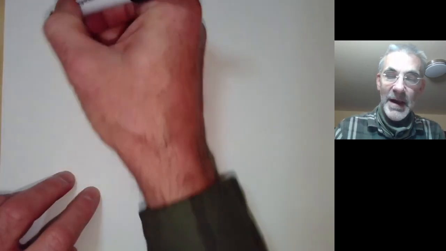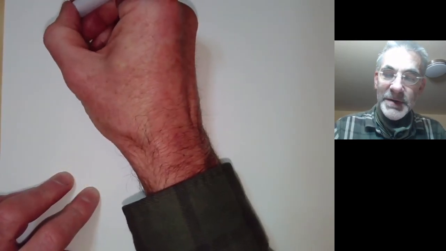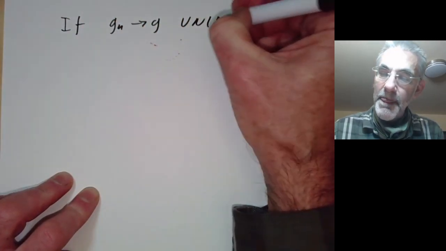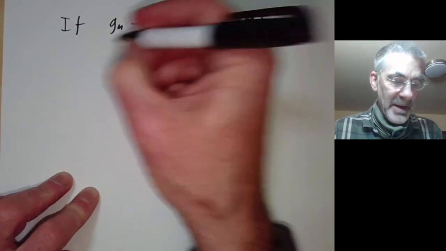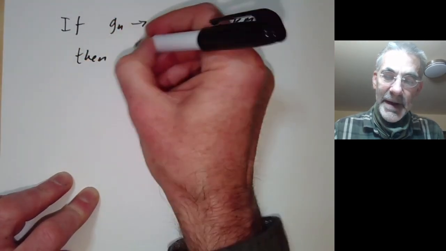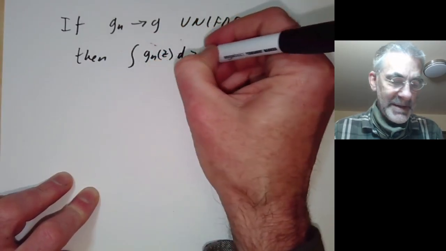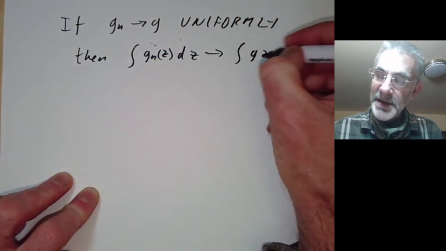Now, one of the most useful properties of uniform convergence is that the uniform limit of continuous functions is continuous. You have that in real analysis, and the proof is just the same, so I won't give it. What we're really going to use is that if Gn tends to G uniformly, then the integral of Gn(z) dz tends to the integral of G(z) dz.